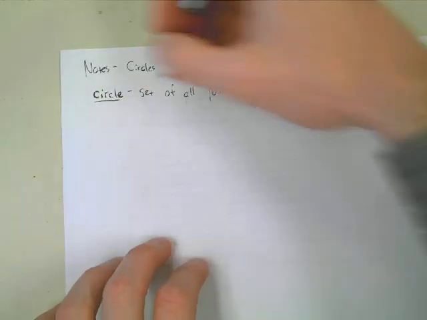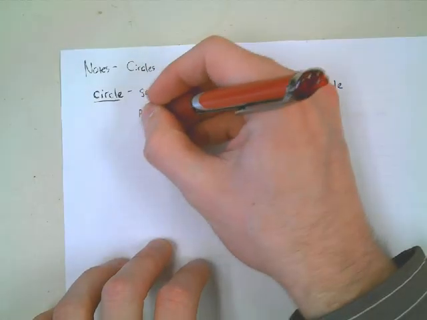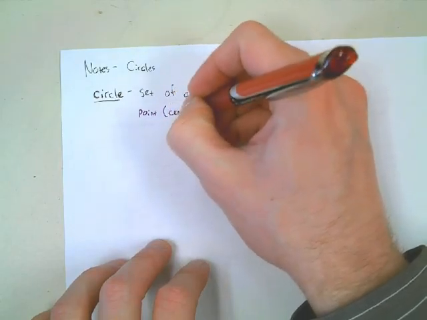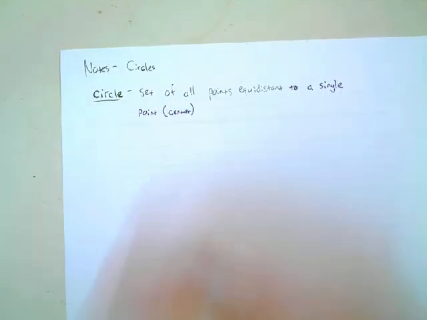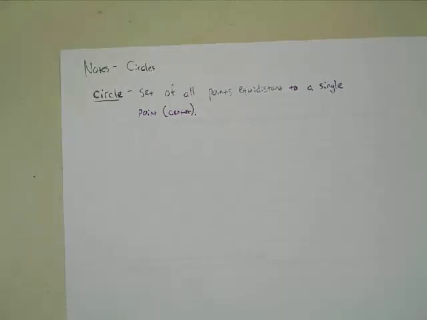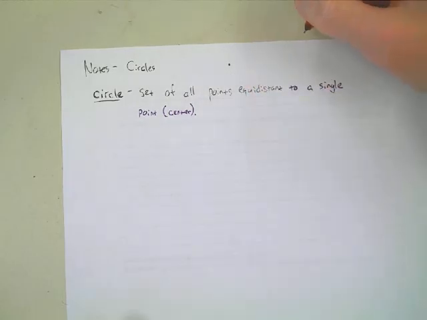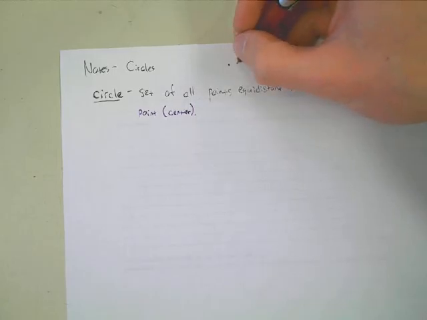So a set of all points equidistant to a single point. And that single point is called the center. And that distance, so it's the set of all points. If I pick a single point right here, and I come up with all the points that are equidistant to that point, I could go this way a certain distance, but I could also go this way a certain distance.